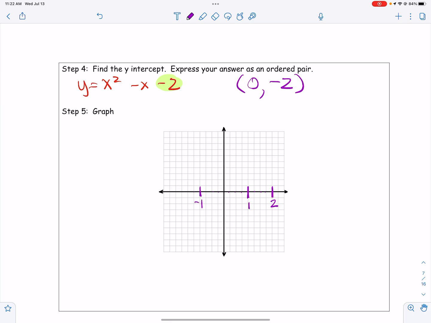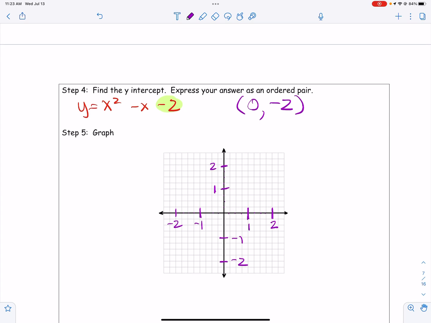And then negative 2. And then on the other axis, 1, 2, 3, that's going to be 1, and 2, negative 1, and negative 2. Okay, so let's plot my y-intercept is at 0, negative 2.